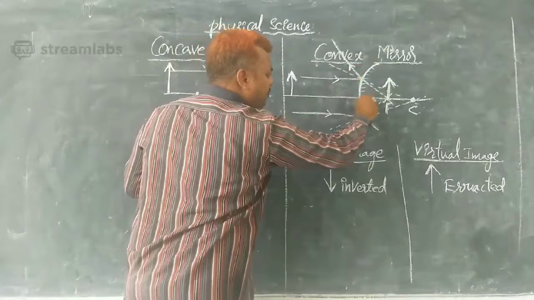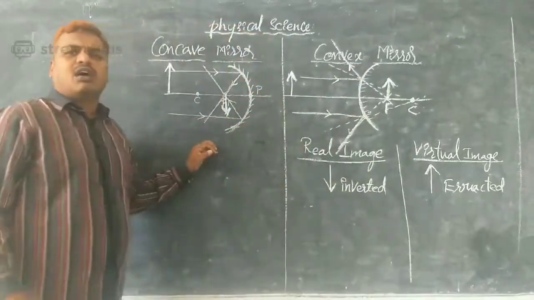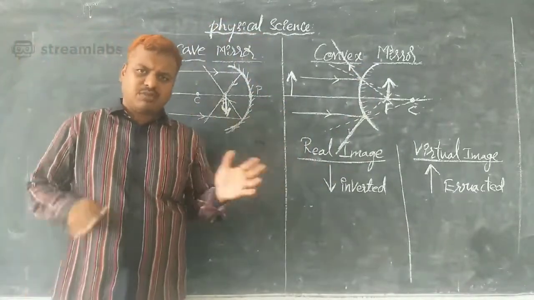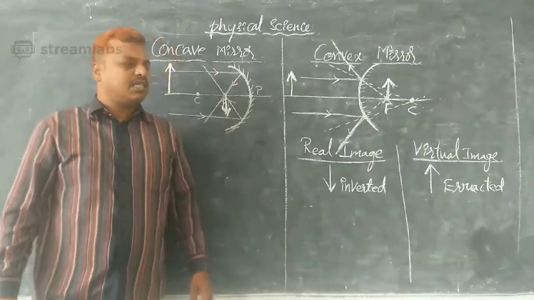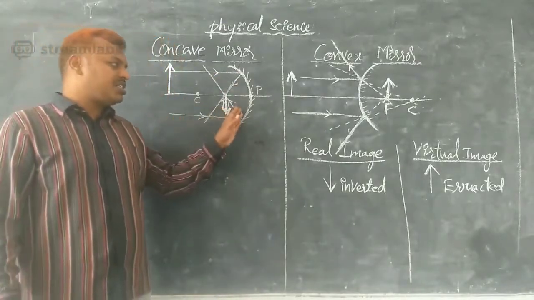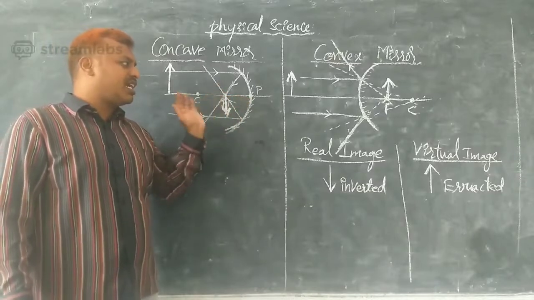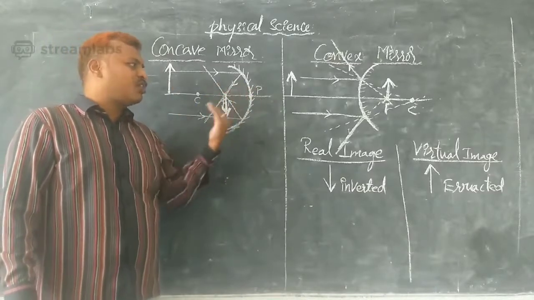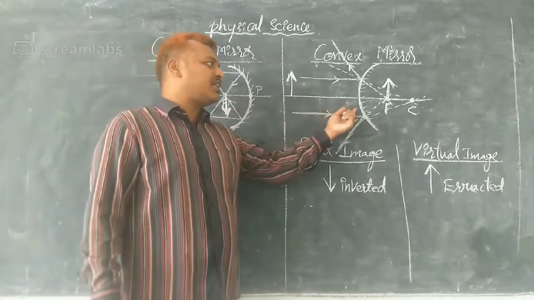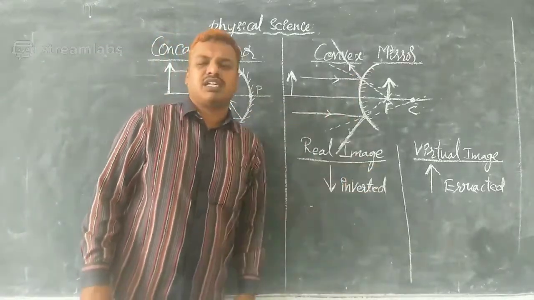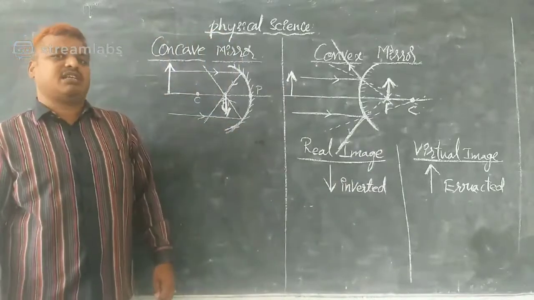Right? It is shrunk inside and inward. That is why it is just like a cave. We call this a concave mirror. And this is a convex mirror and it is bulged outward. That is why it is called convex mirror.